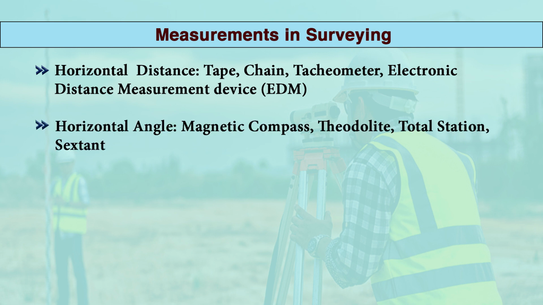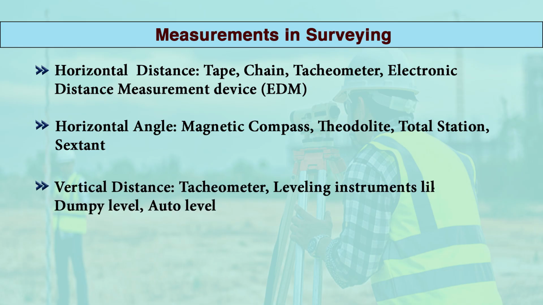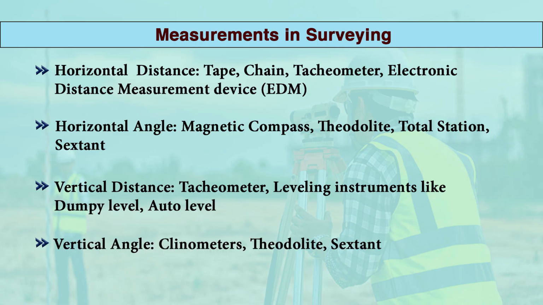For horizontal angle measurement, magnetic compass, theodolite, total station, and sextants are used. For vertical distance measurement, tachometer and leveling instruments like dumpy level and auto level are used. And lastly, for vertical angle measurement, clinometer, theodolite, and sextants are used.